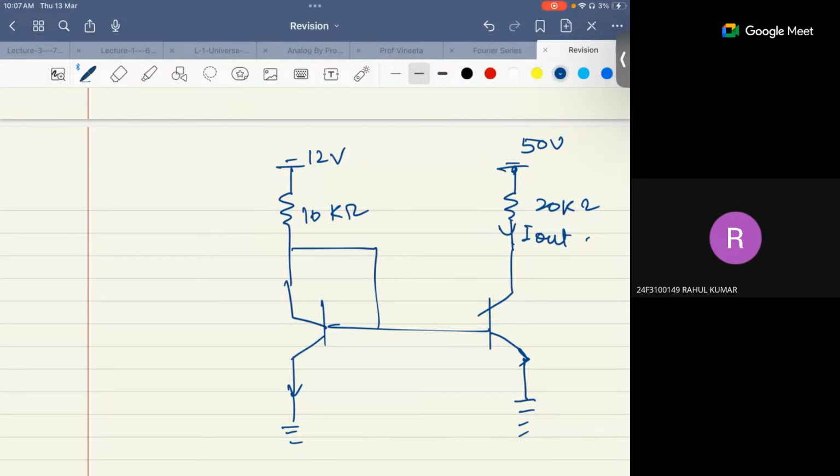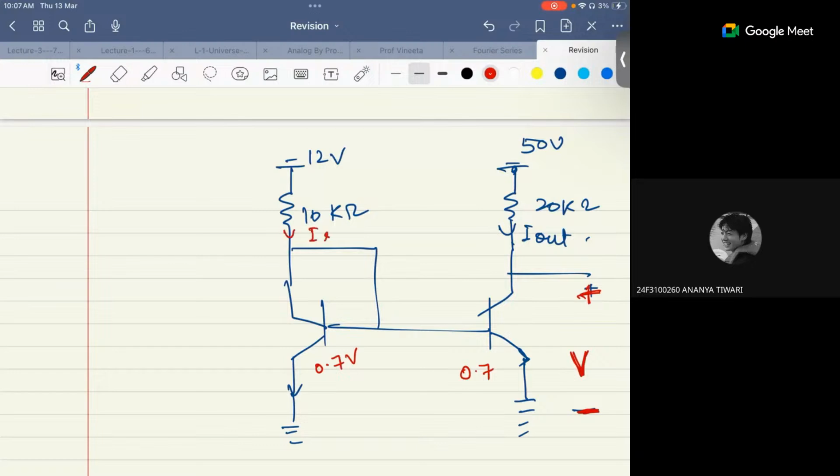1.13 milliampere. Calculate the voltage here. This, 0.7.